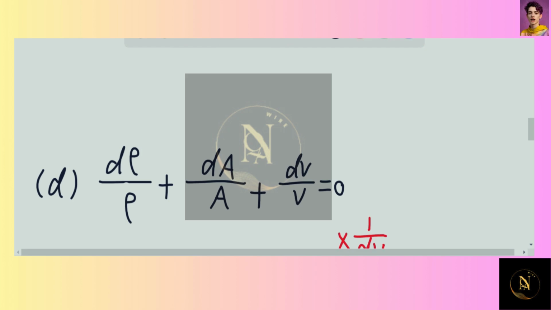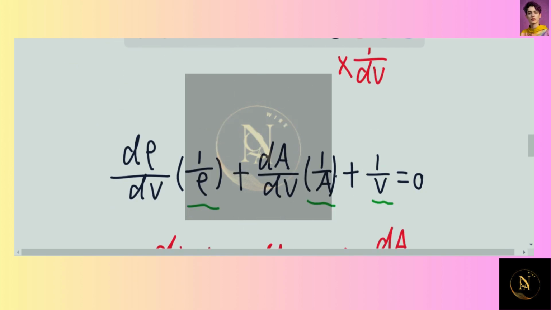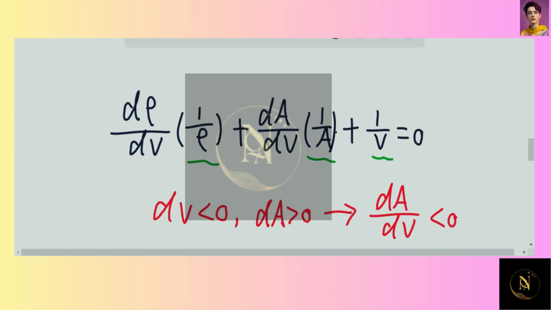So for the last case, this is the relationship of the changing density, changing area, and the changing velocity. So let's divide it by dV on each side. So we have d rho over dV times 1 over rho plus dA over dV times 1 over A plus 1 over V is equal to 0. We know dV is less than 0, but dA is greater than 0, which means that dA over dV is less than 0.